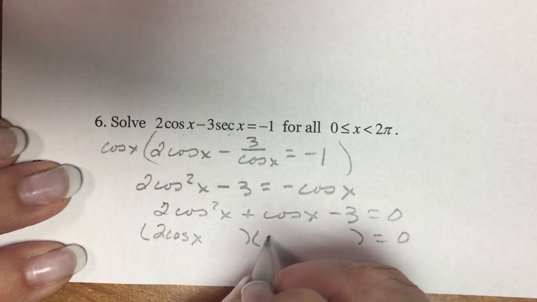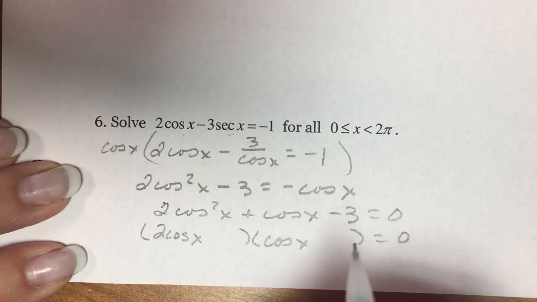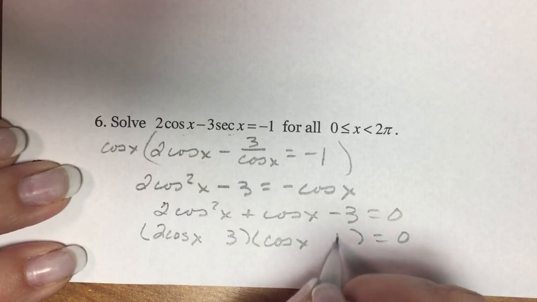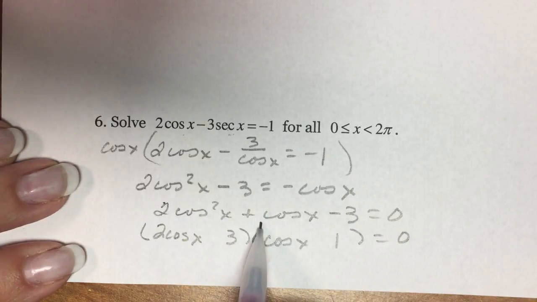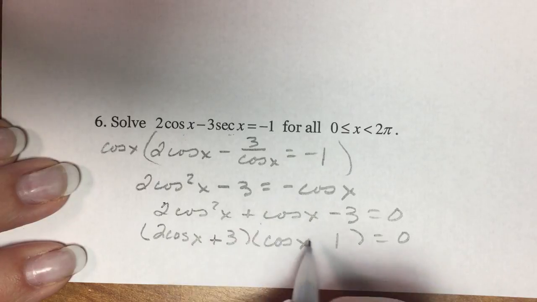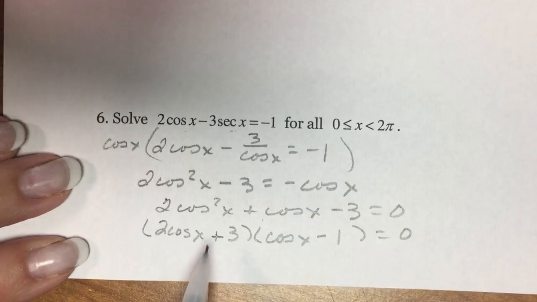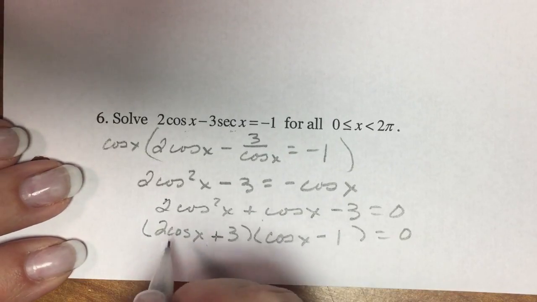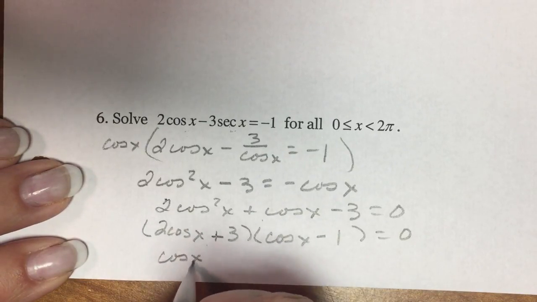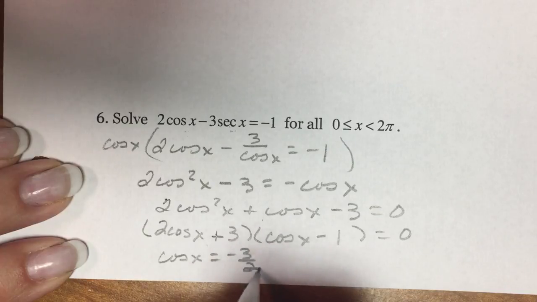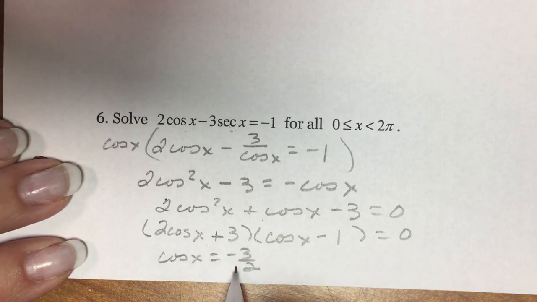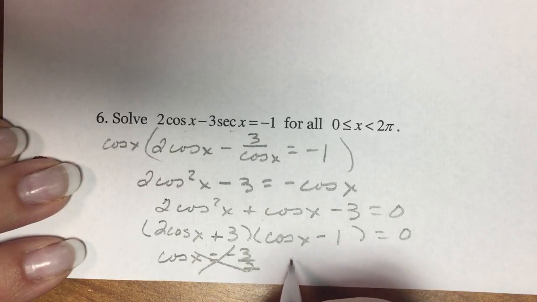So 2 cosine x, 1 cosine x, a 3 here and a 1 here, and since I need a positive in there, this is going to be a plus and this is going to be a minus. So if I take this factor and set it equal to 0, I'd subtract 3 and divide by 2. That's going to give me cosine x equals negative 3 halves. Well, that's smaller than negative 1, so it doesn't do me any good.